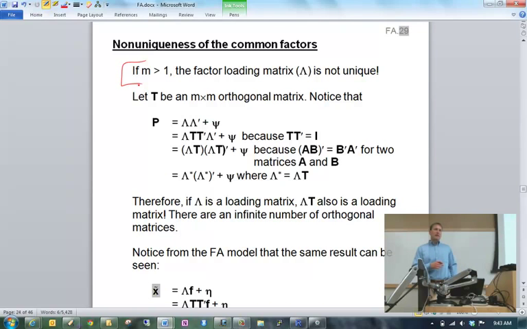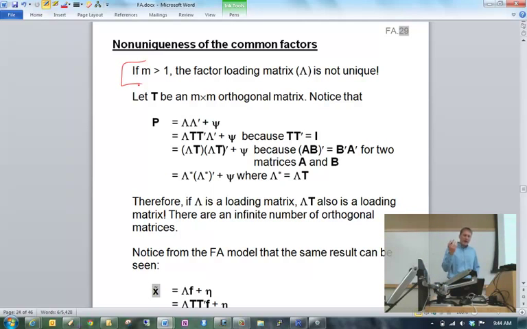What that means is I could use a different lambda matrix and have essentially the same model in the end in terms of my factor analysis equations and what lambda times lambda prime plus psi actually ends up being. And remember how that is used when we determine what our maximum likelihood estimates are, for example.